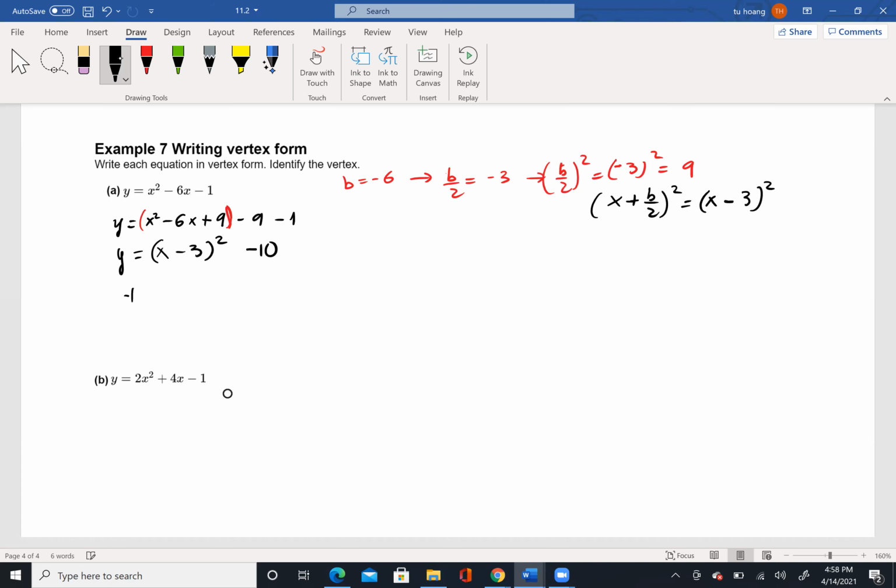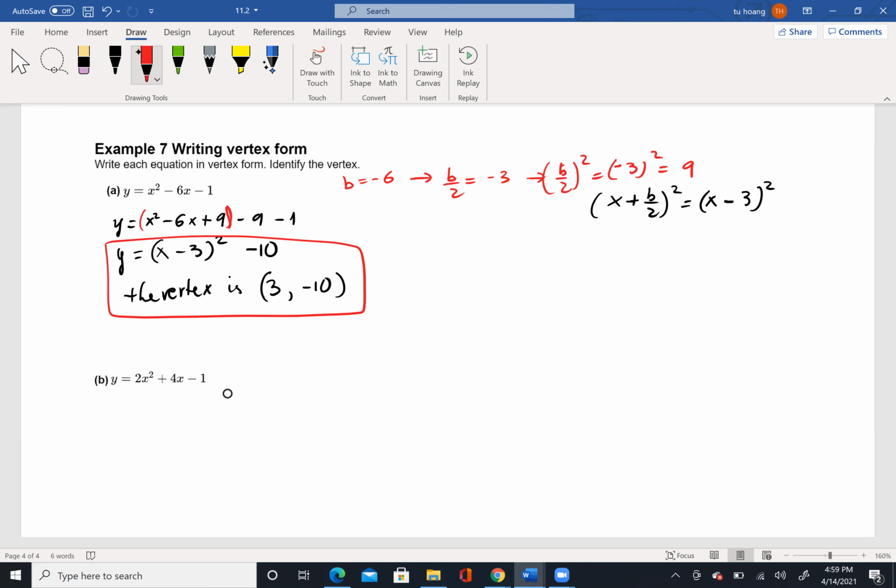And the vertex is (3, -10). Okay. So here's the answer.